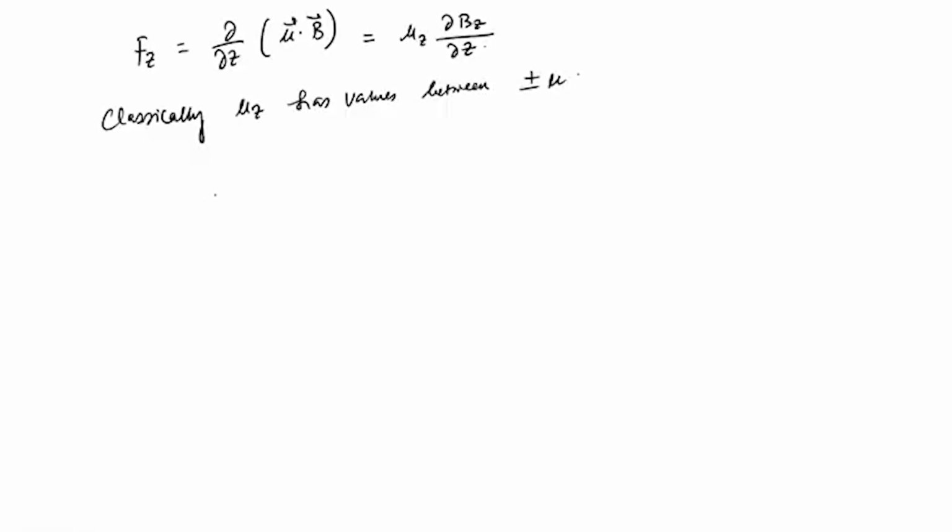But now we know that this is basically the quantization of the electronic spin, and this mu is proportional to the spin with some constants, and so mu_z corresponds to the z component of the spin, which has two values known as h cross by 2 and minus h cross by 2.